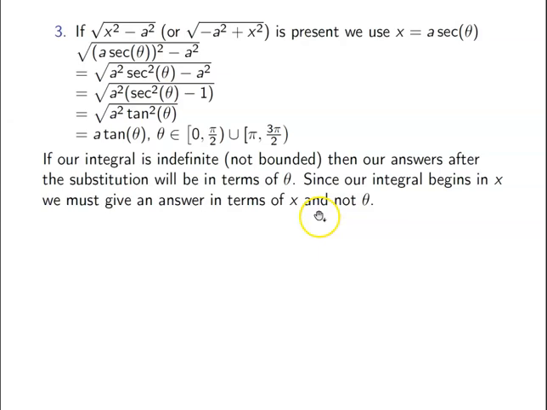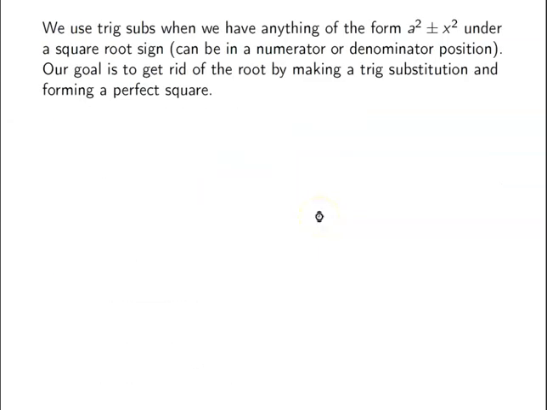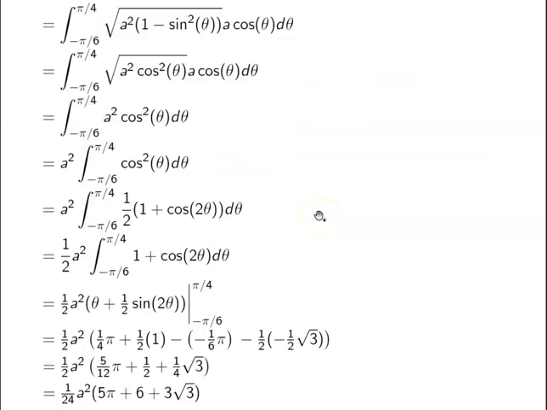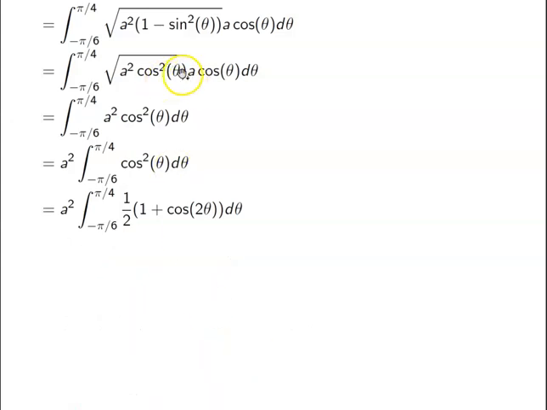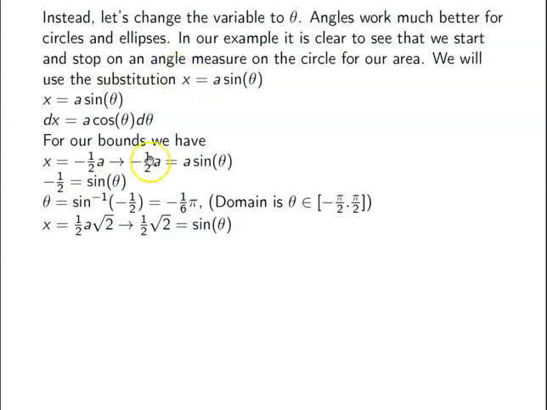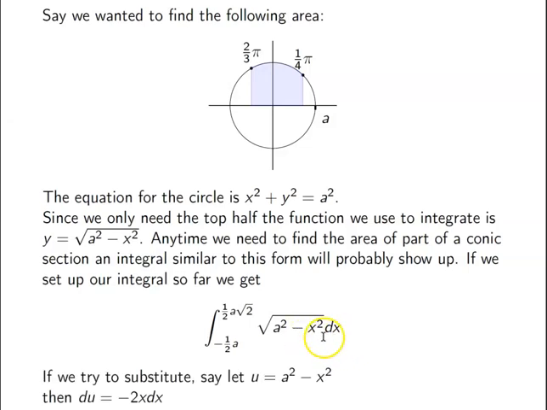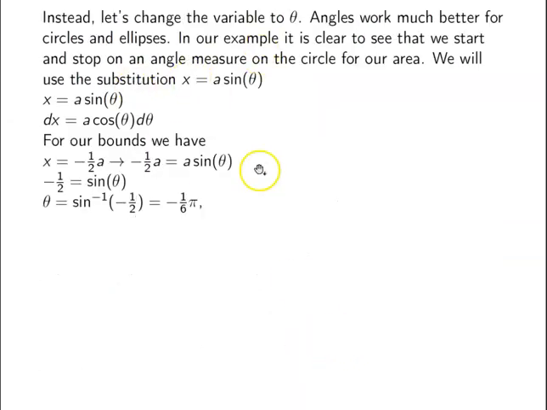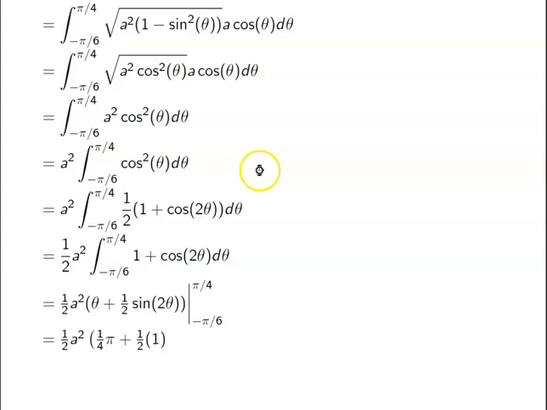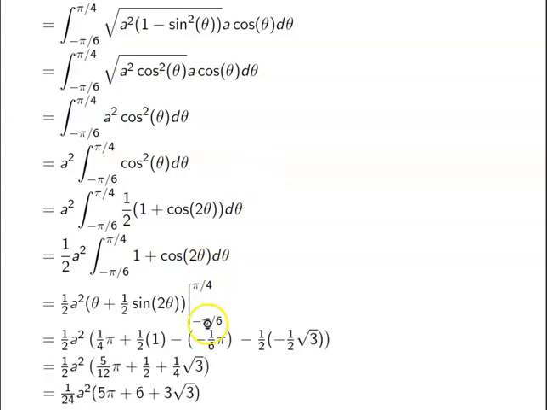Remember, we started off with something in x. Here, in my example, there's no x's, obviously, because we have a value, right? But remember, I changed into theta. Go all the way back, I started off with an integral where the variable was x. Then I changed into theta. I did all of my substitutions and integrations, and then I evaluated at the bounds and got a value.